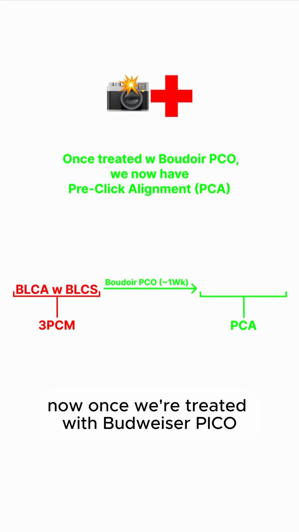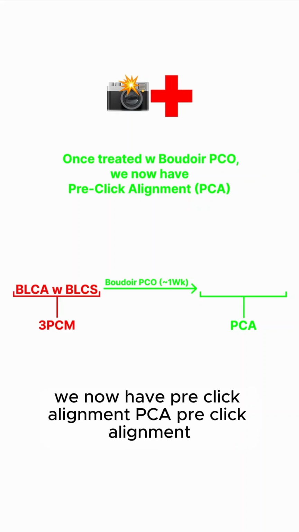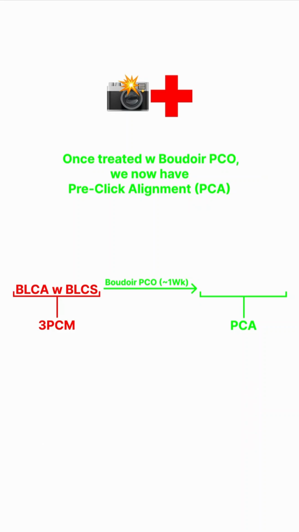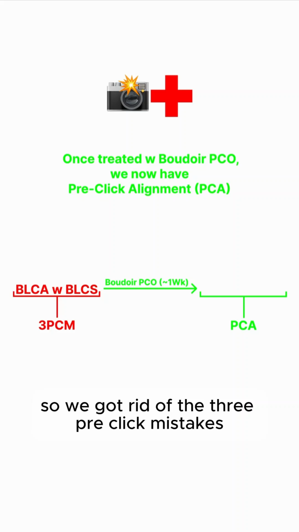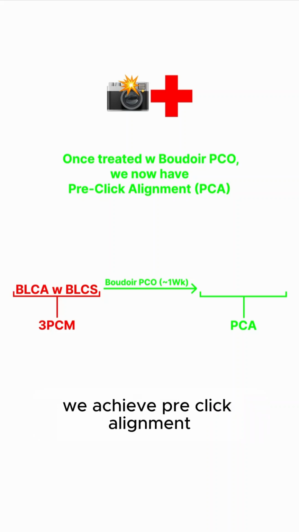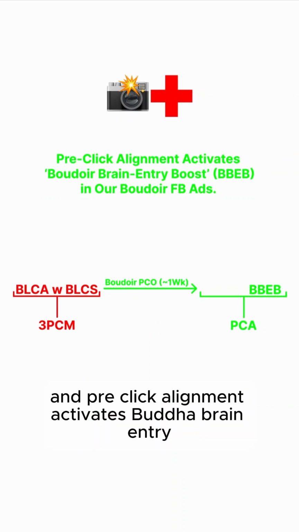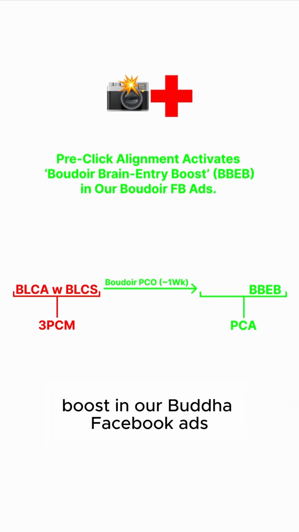Now, once treated with Boudoir Pico, we have pre-click alignment, PCA. So we got rid of the 3 pre-click mistakes. We achieve pre-click alignment, and pre-click alignment activates Boudoir brain entry boost in our Boudoir Facebook ads.